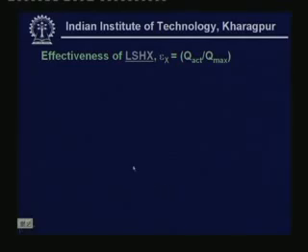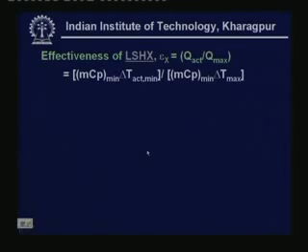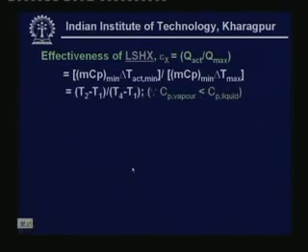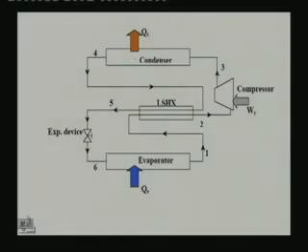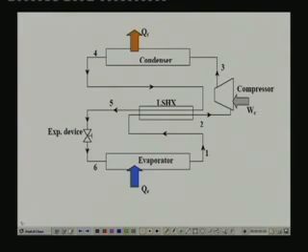Now, from the definition of effectiveness of heat exchanger, we can write effectiveness as Q actual divided by Q maximum, and Q actual in this case is MCP minimum into delta T actual divided by MCP minimum into delta T maximum. For this liquid suction heat exchanger, what is the fluid that has lower MCP?